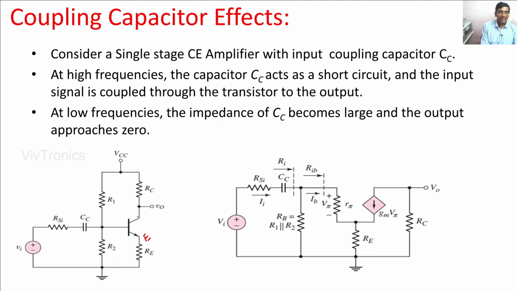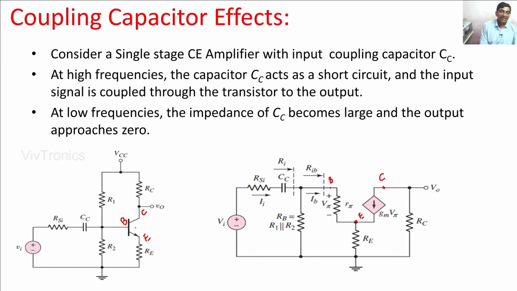This is the emitter terminal, the input side is the base terminal, and the output side is the collector terminal. The emitter resistance RE is connected between the emitter terminal and the ground terminal.